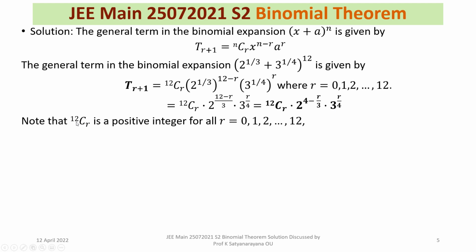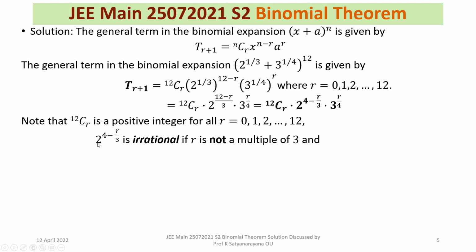Note that 12Cr is a positive integer for all r equal to 0, 1, 2, 3 up to 12. Now 2^(4-r/3) will give you an irrational number if r is not a multiple of 3. For example, suppose r is equal to 11. 11 is not a multiple of 3.